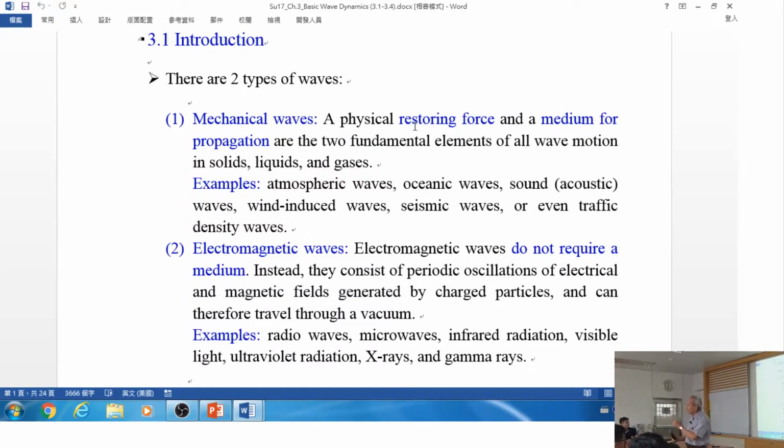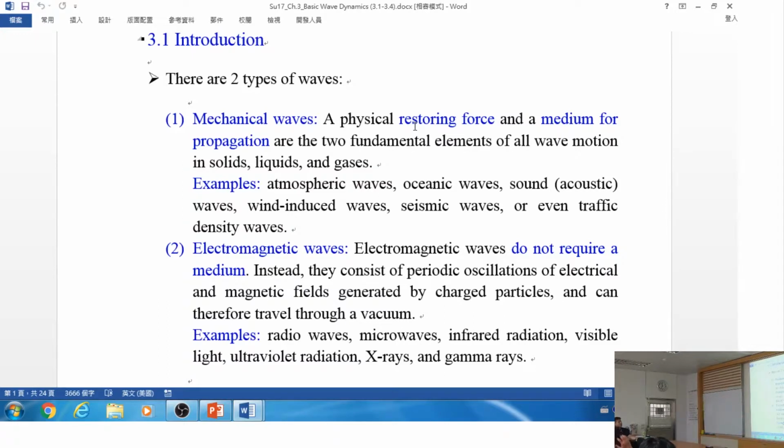So a wave needs that restoring force. Like the example I gave, the gravity waves: you heat it up, it goes up, and then comes down, then goes up and comes down again. It's because the buoyancy force becomes a restoring force. So we need a restoring force.